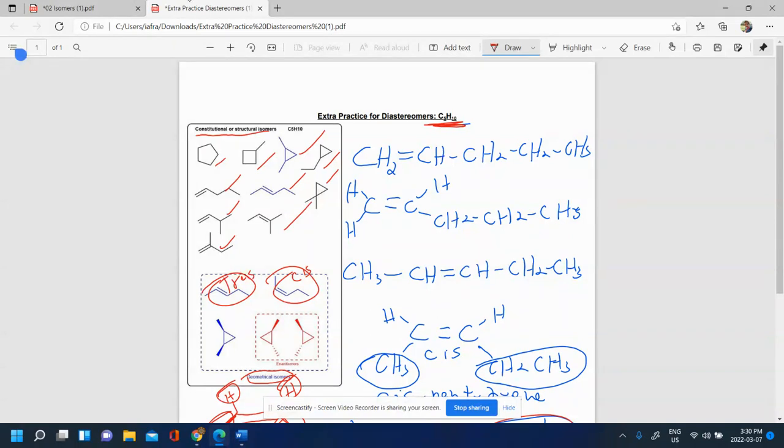You could also have cis and trans in the cyclic compounds. You can see both of them point towards us, whereas here one points towards us and the other goes away from us. So this would be the cis version, this would be the trans version in the cyclical structure, but we don't really discuss that too much in grade 12, but it is a possibility.